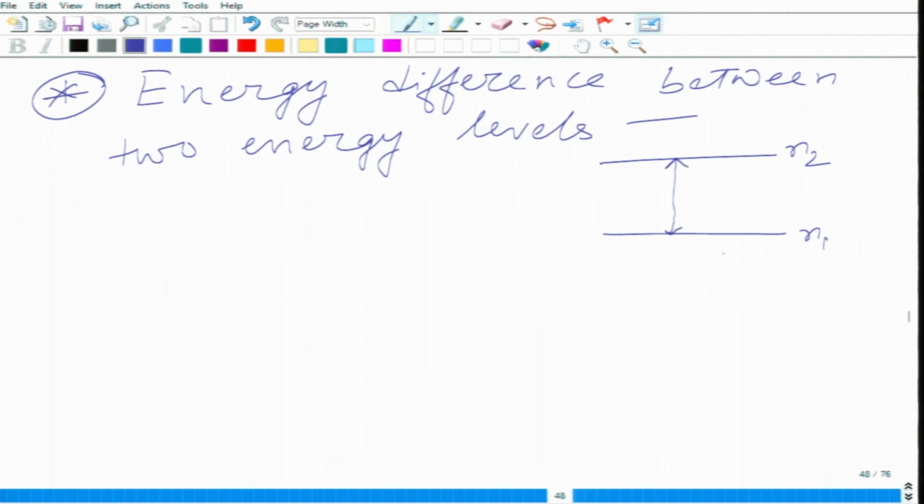Let's say the level n1 has an energy of En1 and the n2 level has an energy of En2. So, the difference between these two energies, delta E, will be equal to En2 minus En1, right.